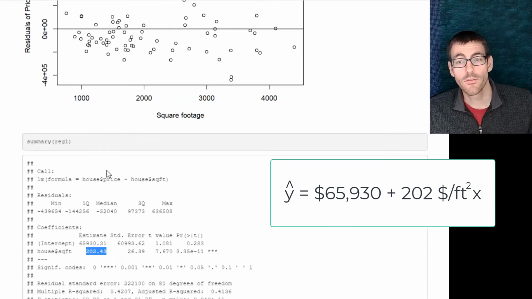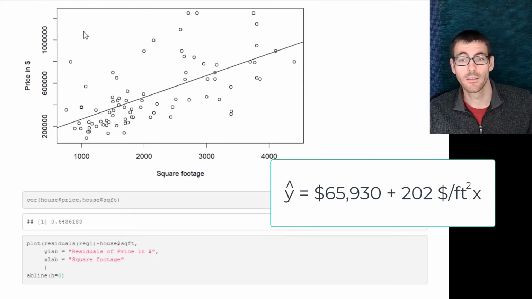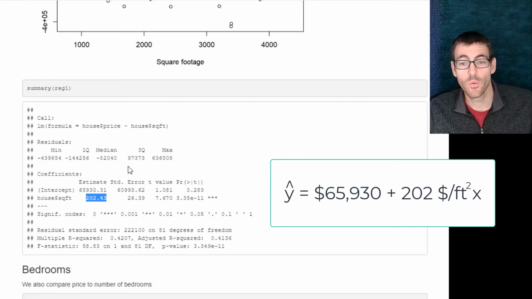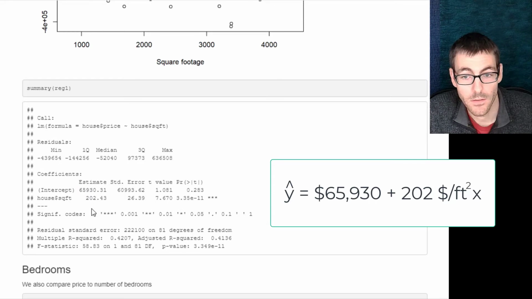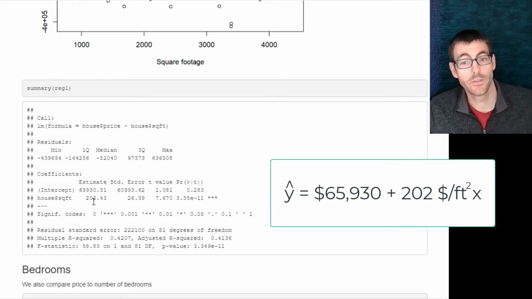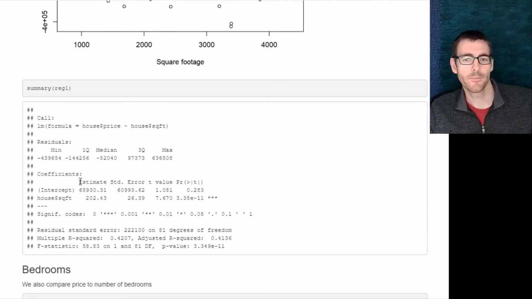So the equation for this regression line is y hat equals 65,000 plus 202 times the square footage. Don't worry about the other components like the t-value and the p-value right now, or the standard error of this. We'll get to those ideas later.